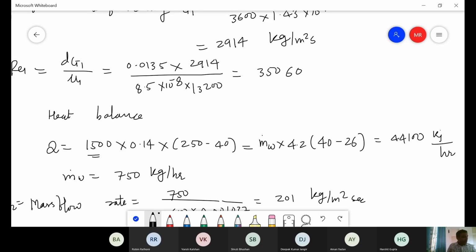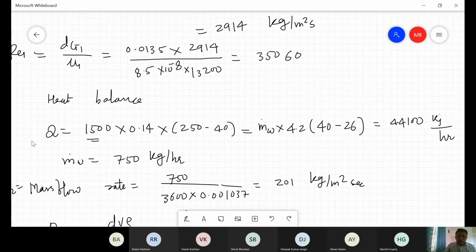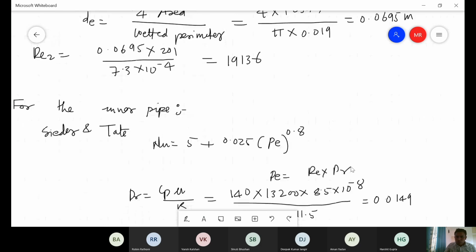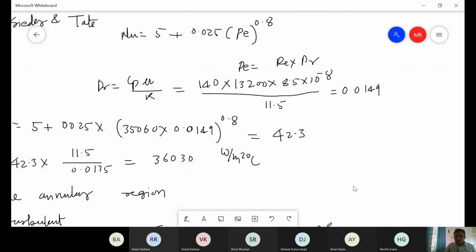Okay, this will be kilojoule per hour. So now let us look at the last part. So now put it in the original equation. So original equation is this.